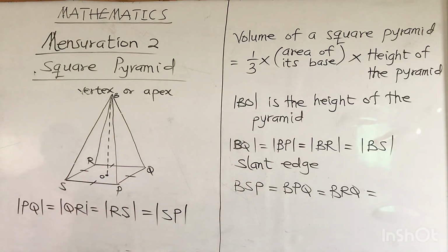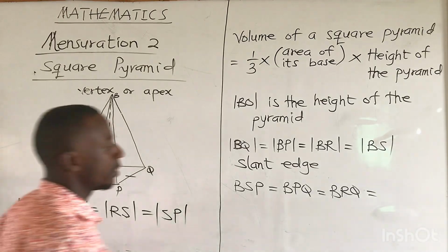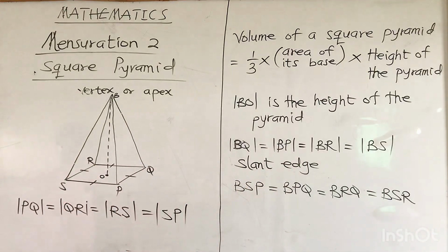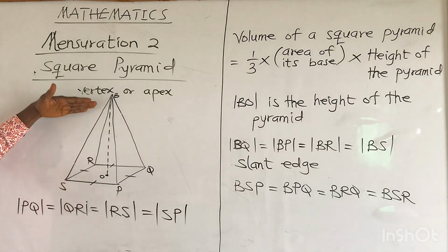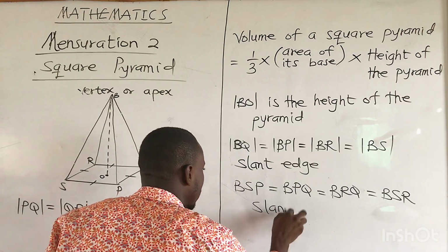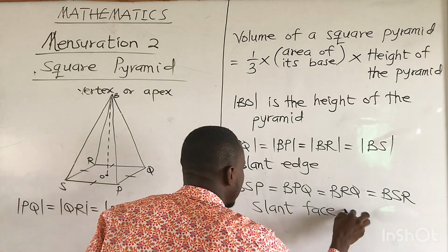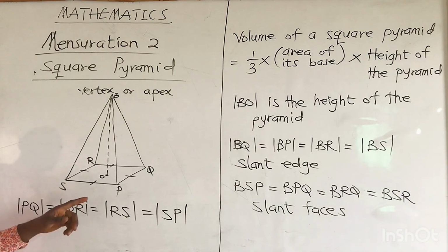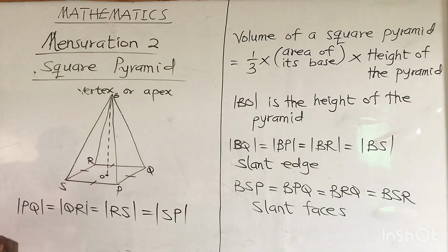And the last one is BSR. And we call these triangles the slant faces. The slant faces.